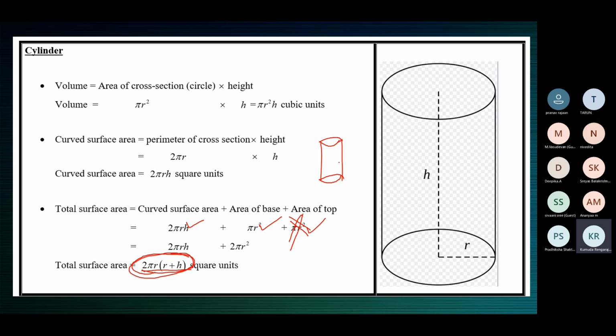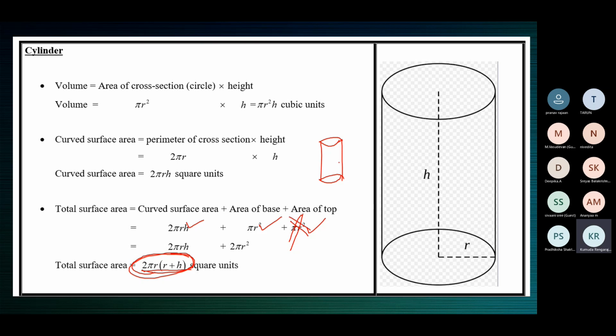When the word pipe is used in mathematics, it's understood that it's open at both ends. You should not ask, is it open at both ends, or closed at both ends, or one end open and the other closed? No. The term pipe is used to refer to a cylinder which is open at both the ends.